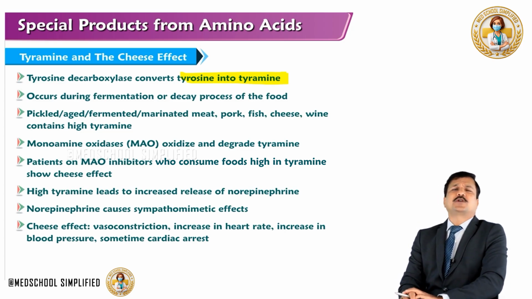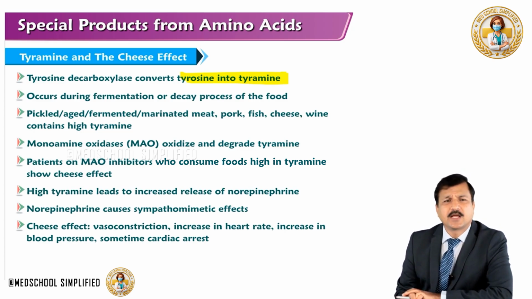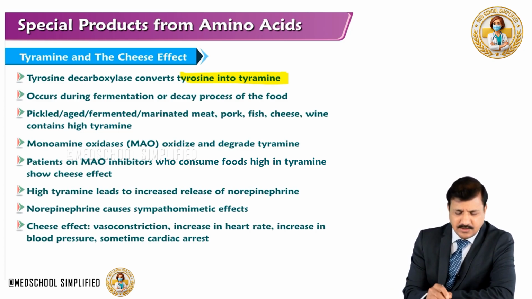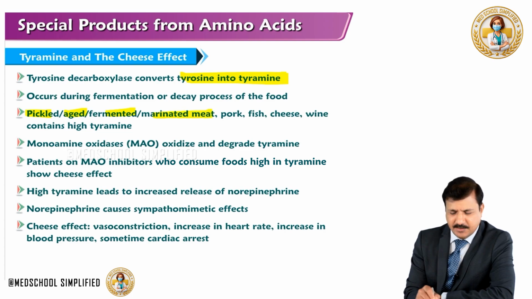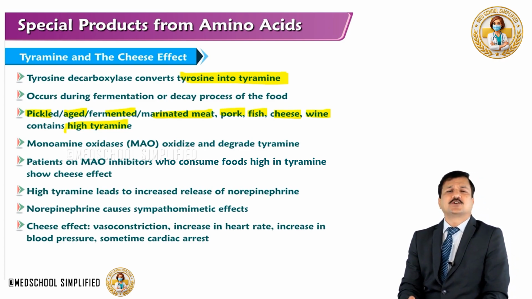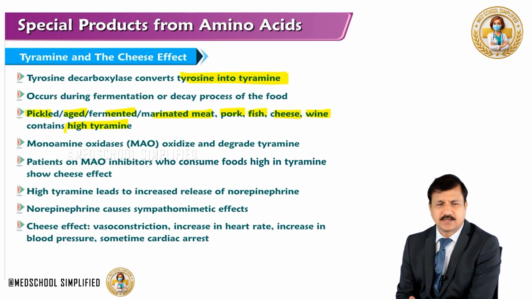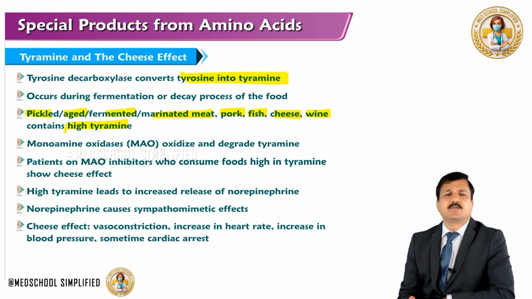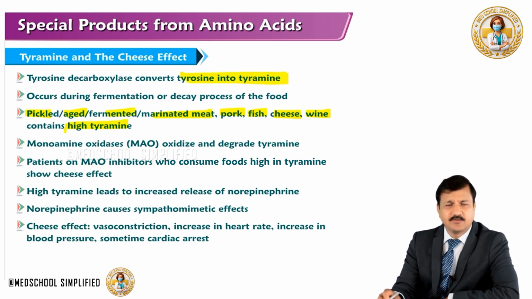But if too much tyramine is coming by consumption of food like pickled, aged, fermented, marinated meat, pork, fish, cheese, wine, which all contain high levels of tyramine, when such food is consumed in large quantities, the monoamine oxidase enzyme, which oxidizes and degrades tyramine, will be functioning at a higher level.